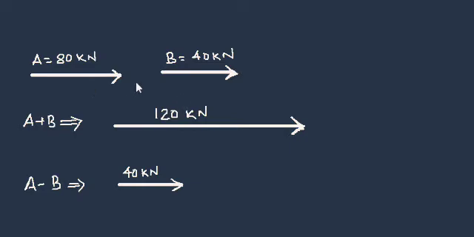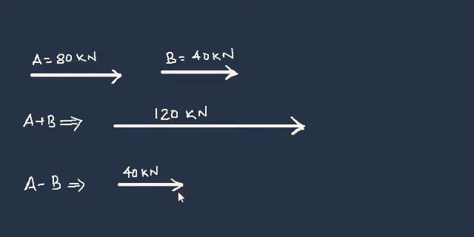And A minus B will give you again the mathematical difference between the magnitude of these two, 80 minus 40, that is 40 kN. Again the direction will be the direction of the biggest vector from these two. And because both of these have the same direction, the resultant direction also will be the same.